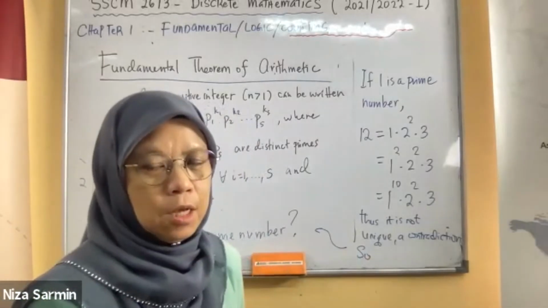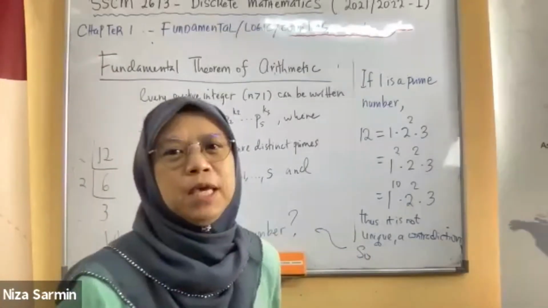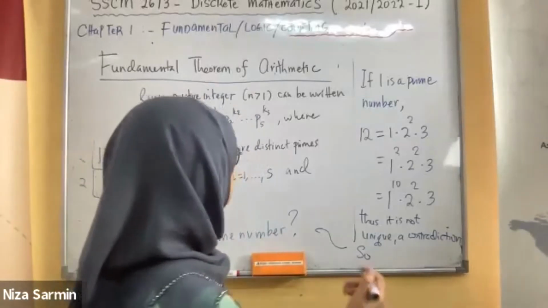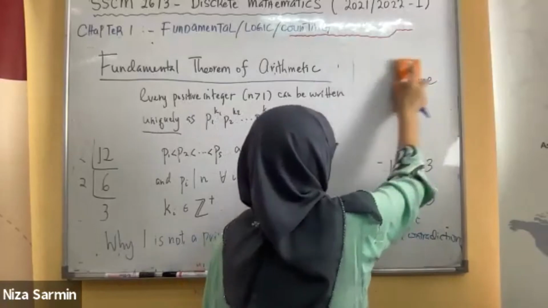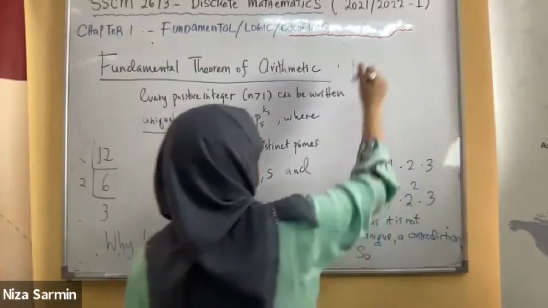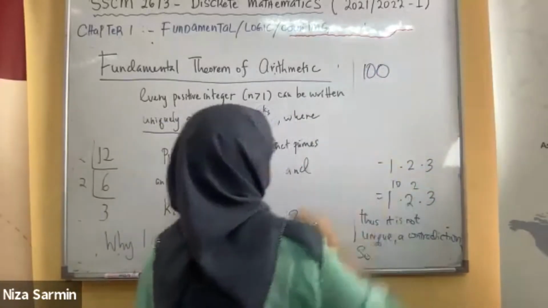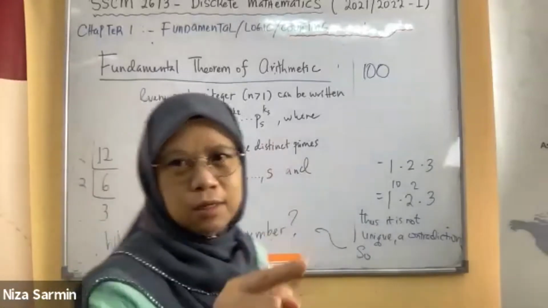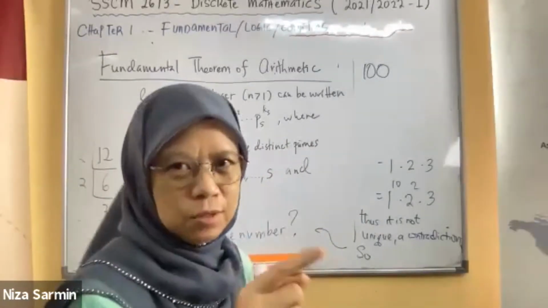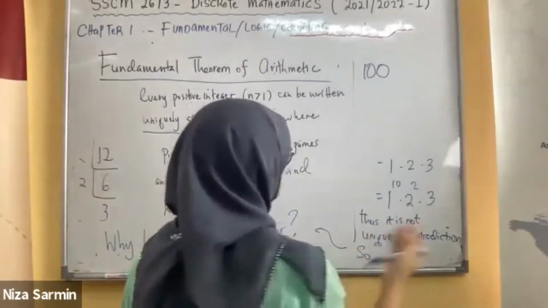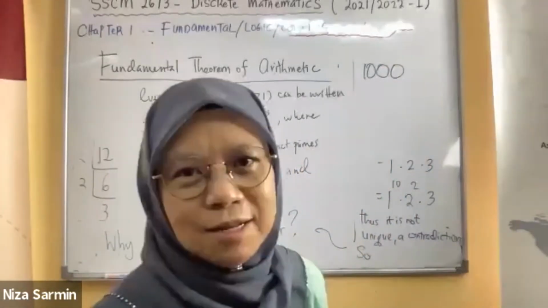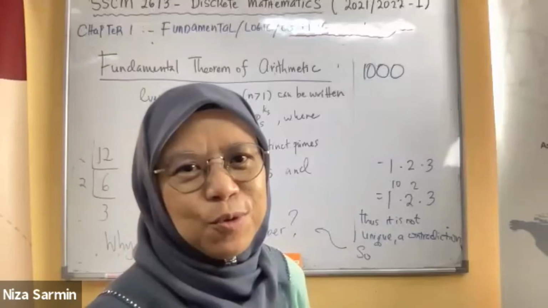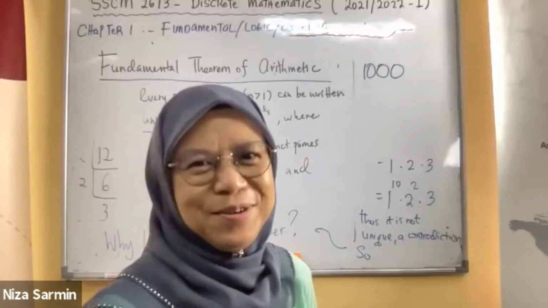If I give you a bigger number, like 100, how do you write 100? Dividing by 2, 2 is one way. But I can also give you something like 1,000, which is quite big. You don't want to divide by 2, divide by 2, divide by 2.